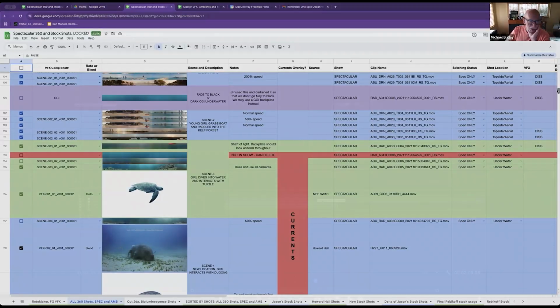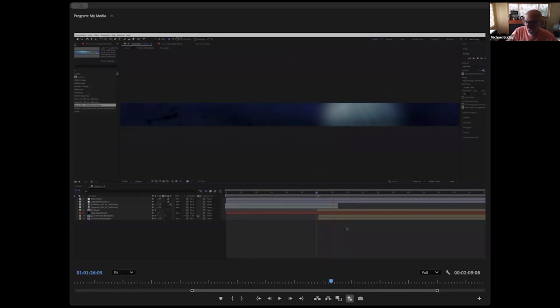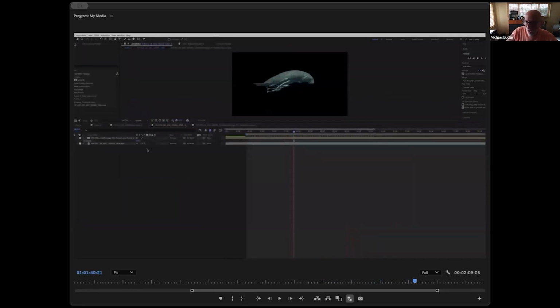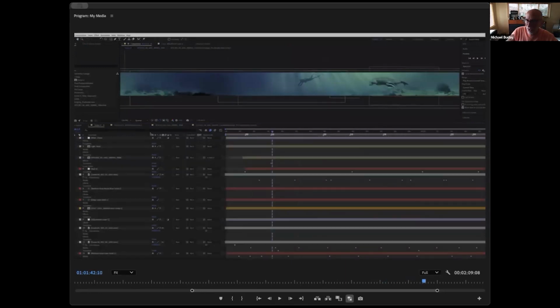Some of it we did in-house. In the Spectacular, there's a scene where a woman dives, and then we open up this light ray around her. Then you'll see dugongs swimming alongside her. This is all rotoscoping here.